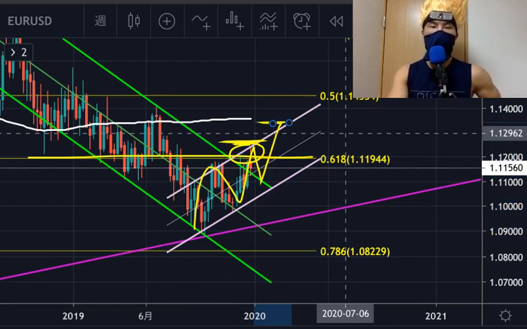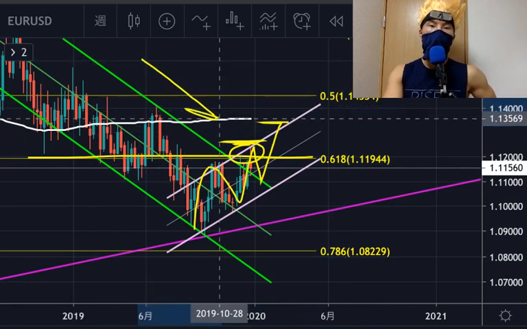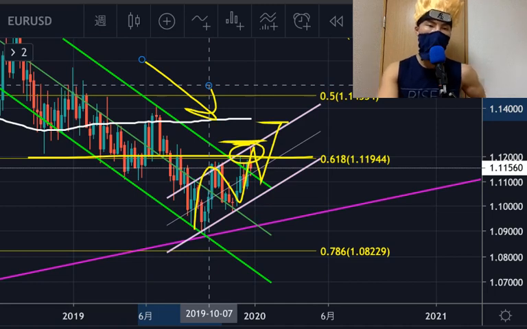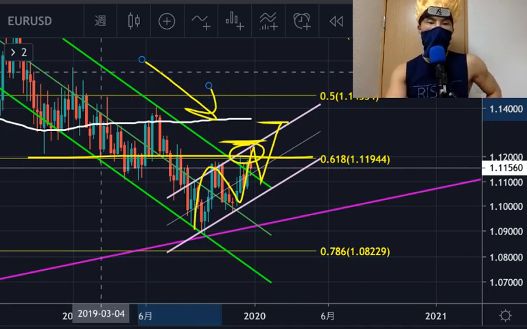Definitely the trend has changed. So this main downtrend shown by these green descending channels is ended.